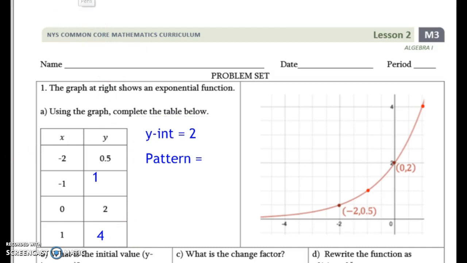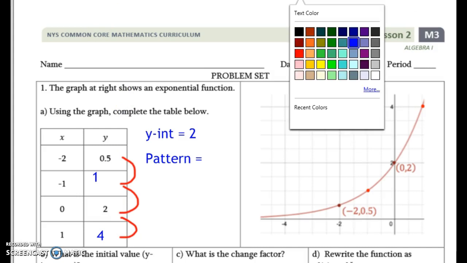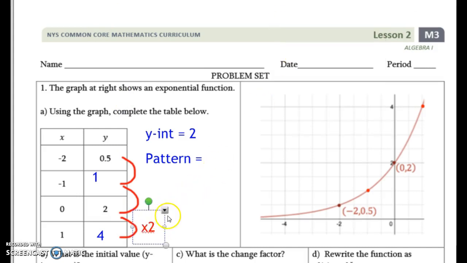So if you look at the jumps between these numbers, from 0.5 to 1, from 1 to 2, from 2 to 4, we can see that every time what we're actually doing is multiplying by 2. Times 2 here, times 2 here, etc. So it's fairly easy to see the pattern is going to be multiplying by 2.